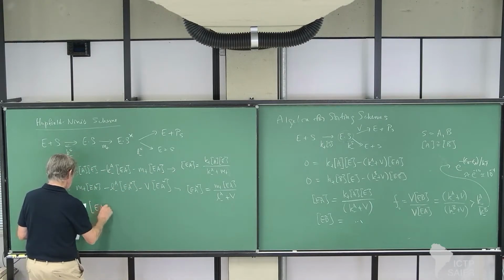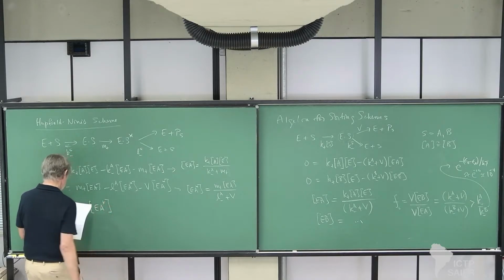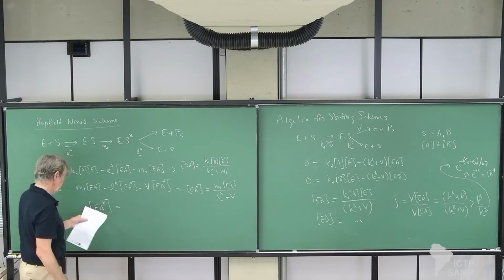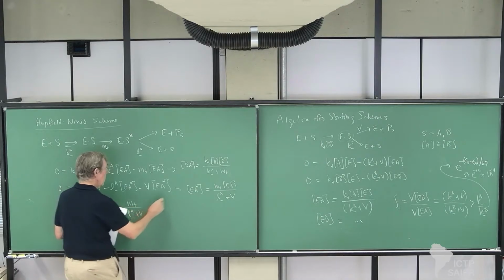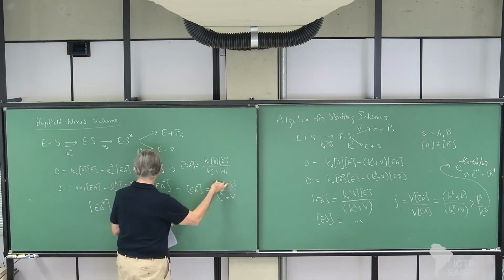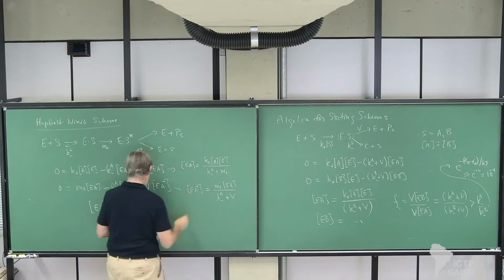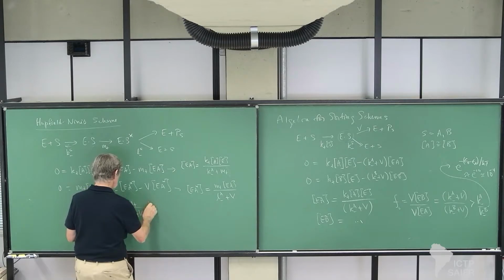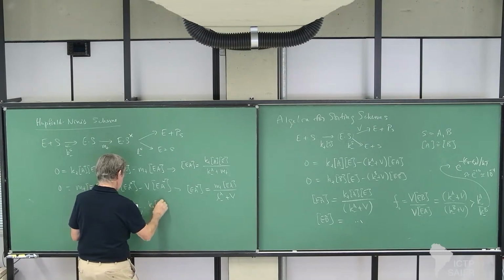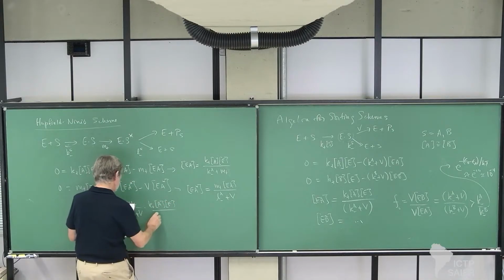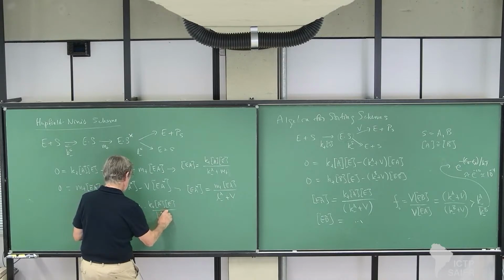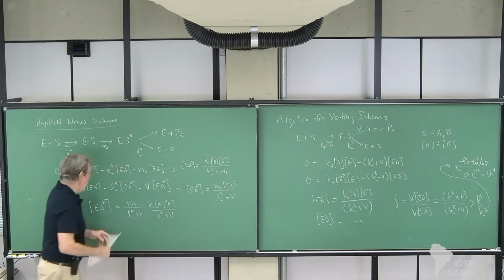Okay, so this is several steps, but the algebra is really quite transparent, and I think you can follow it as I'm writing on the blackboard. So this is going to be M plus over L A minus plus V. That's this factor times EA, which I've already written, so that's K plus concentration A, concentration E, divided by K minus A plus V. All right?